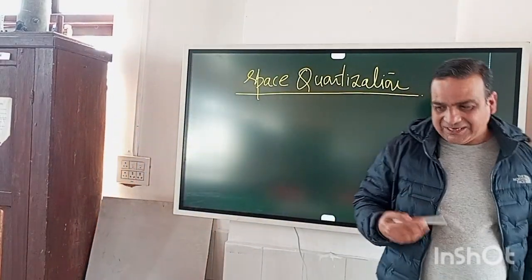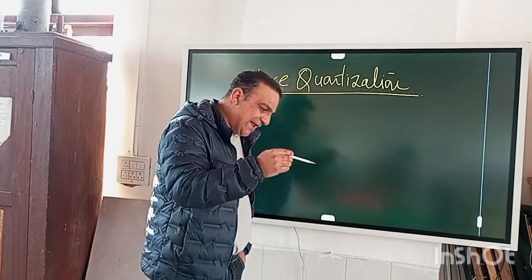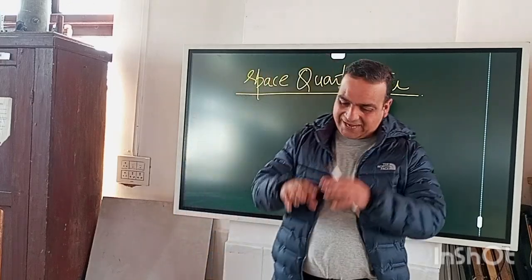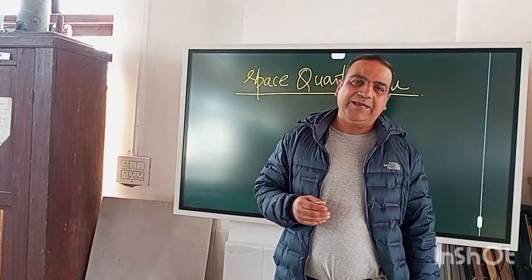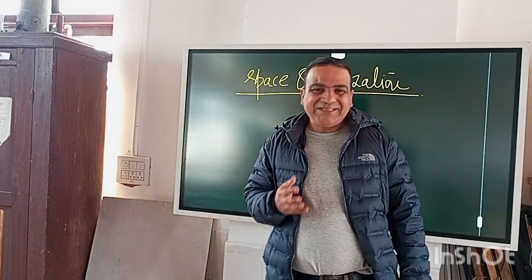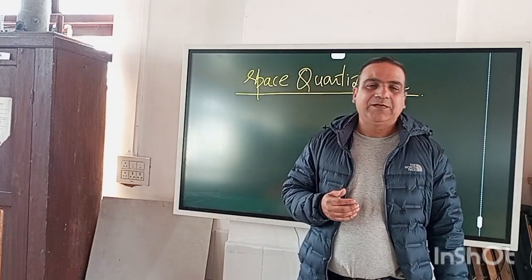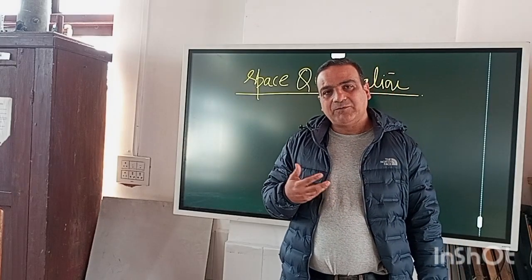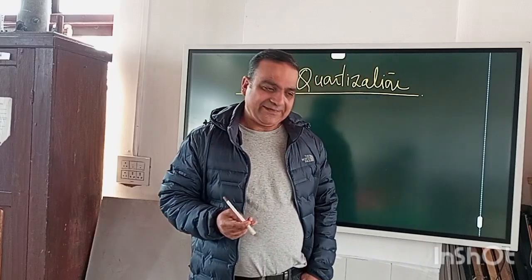As we understand, if we have an atom and we subject this atom to an external magnetic field, there are only certain orientations which are permissible for the angular momentum of the electron in this atom.